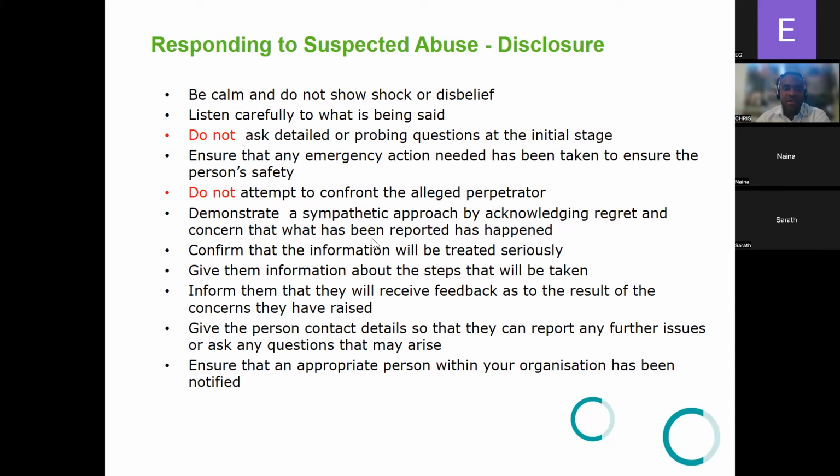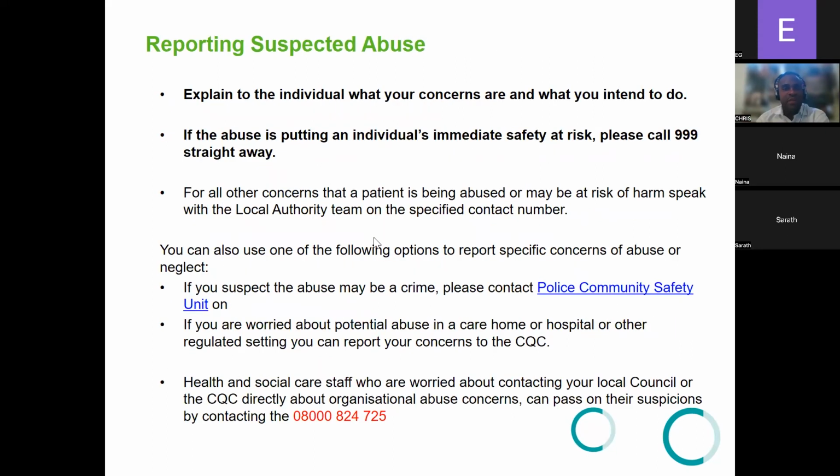We're going to continue from there. Now, how do you report suspected abuse? We already talked about how to respond to suspected or disclosed abuse. Now, how do you report that a service user has been abused, is being abused, or is at risk of being abused?